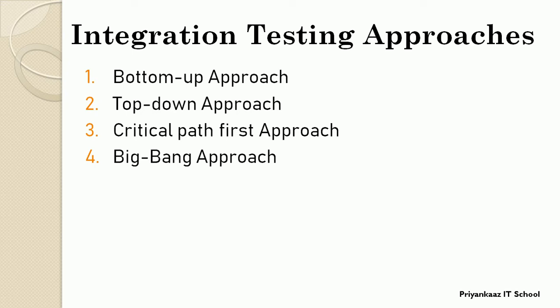Now what is a main module and what is a sub module? A main module is a module which calls other sub modules, and a sub module is one which is called by a main module. In a simple way, main is a parent module and sub is a child module. Let me give an example. In any kind of application, we first require, let's say, client registration.